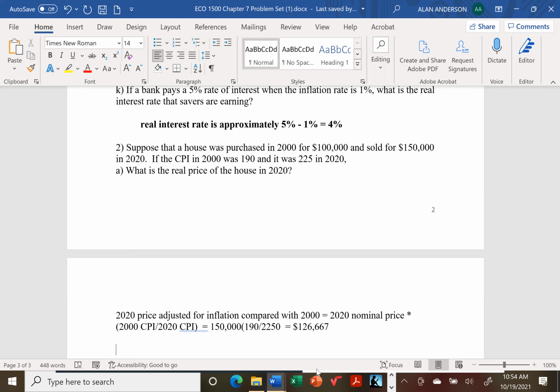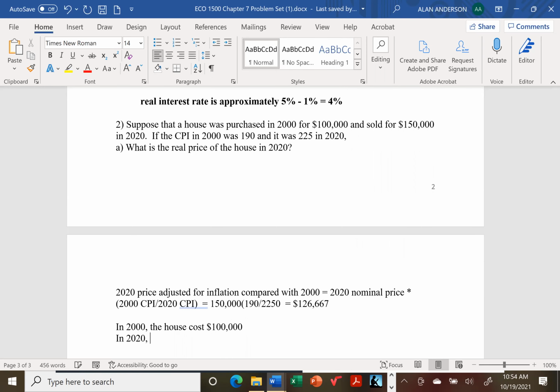So in 2000, the house cost 100,000. In 2020, the house cost 126,667 in 2000 dollars. Okay, so that's what we're trying to capture.